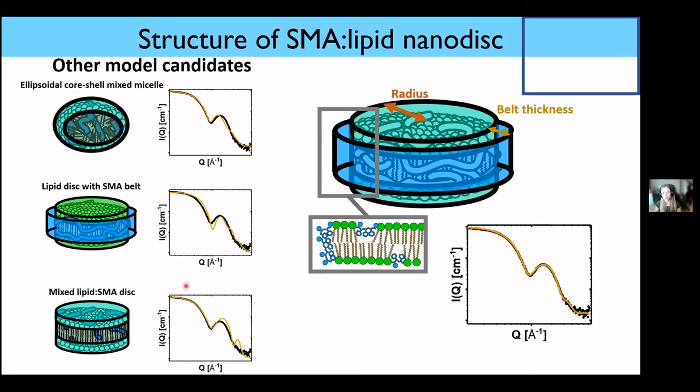Also the original one, and just a mixed disc structure without any belt structure on it. But as you can see, none of them really seem to represent the data as well as this mixed disc with the belt model. So that is the one that we ended up with for all the data sets.